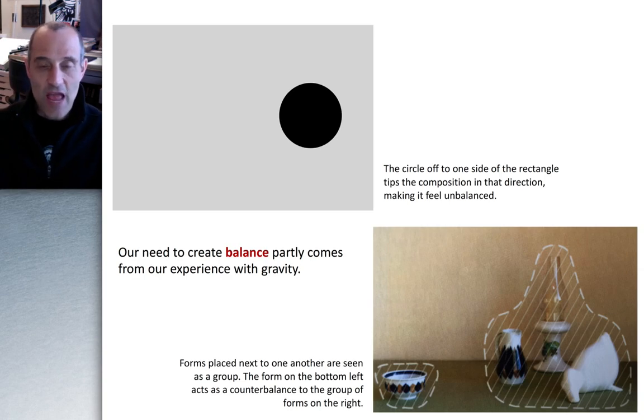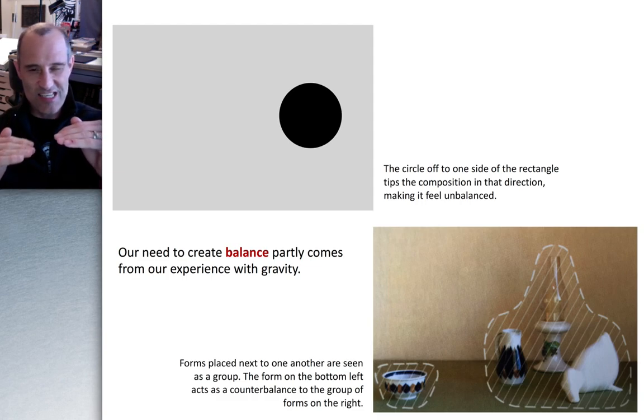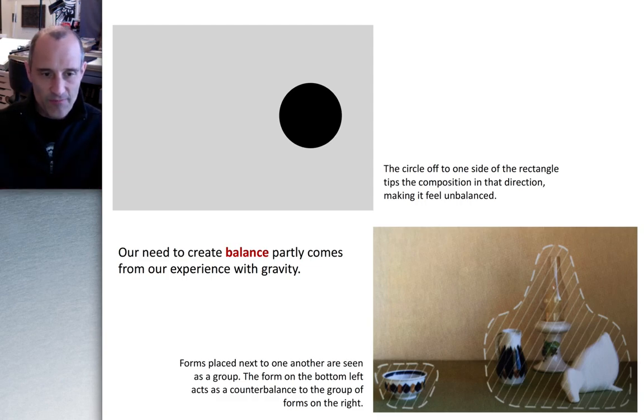Here I've taken the same kind of black circle and I put it on the right side, and now you can see how that feels more heavy visually, and so the picture plane almost feels like it's tipping to the right. And so to balance something like that, we need something on the opposite side to counter that weight.